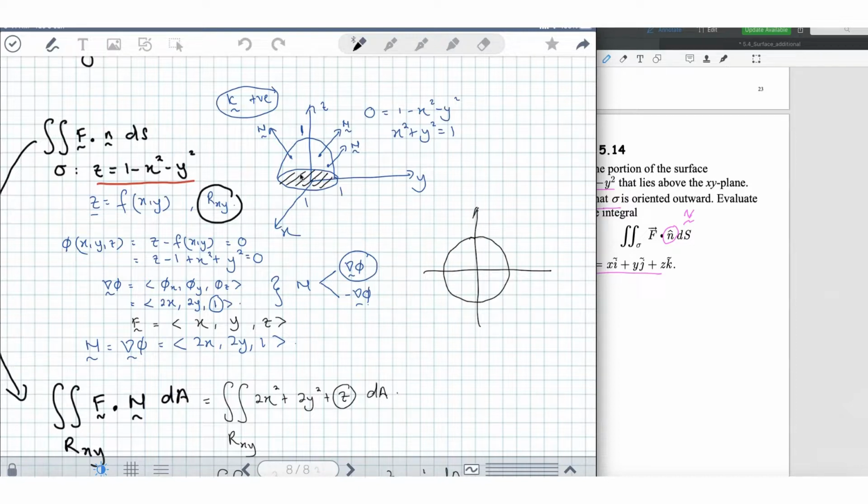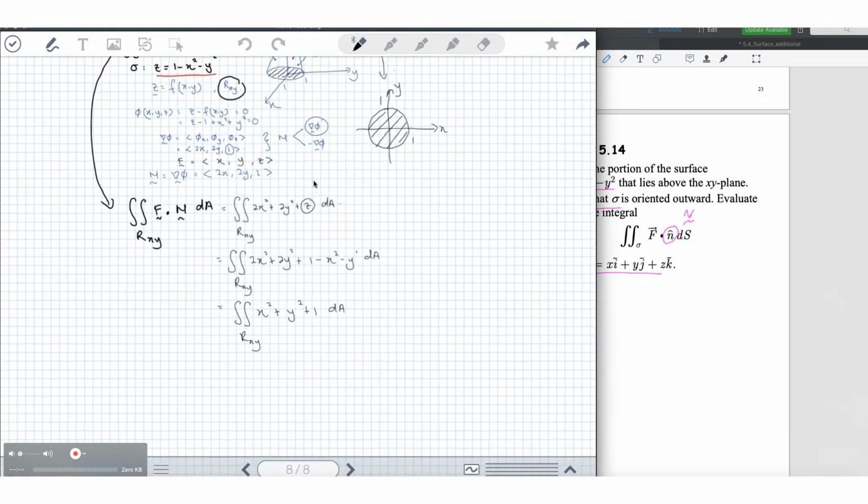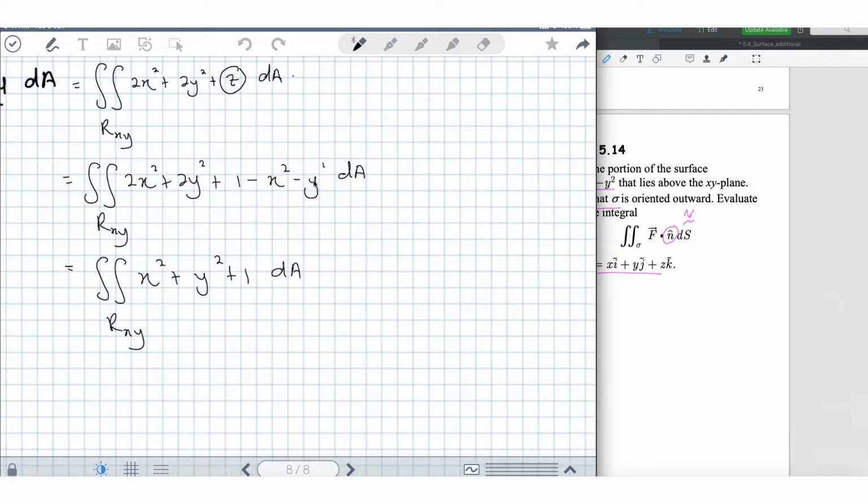Okay, so on xy plane, we have a circle, radius 1, where you can get from here. Okay, because it is lying on the xy plane where z equals 0. So since our region here is a circular region, I want to apply the polar. I want to solve this using polar coordinate system, because for me this one is easier.